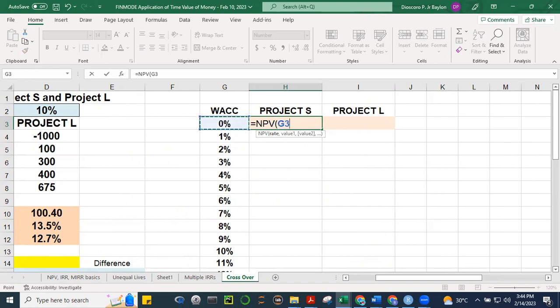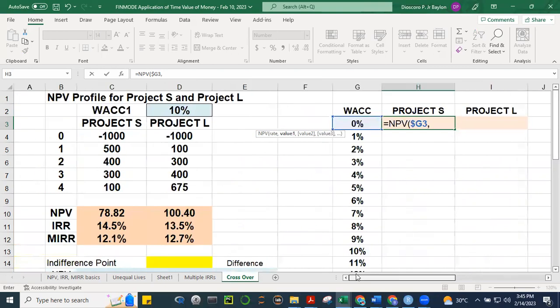And then I'll be fixing, i-fix natin yung, kasi ikakopy natin to pakanan din, no? Kasi ito yung WACC pareho. So we will have to fix the column. Fix natin yung column para hindi siya aalis dito sa column na to. Okay? All right, so that's our rate. And our values are, ang values natin nandito, no?